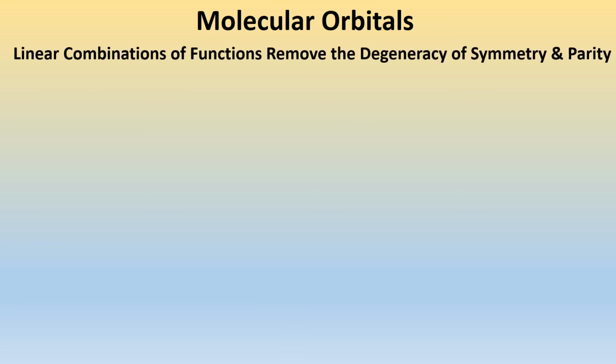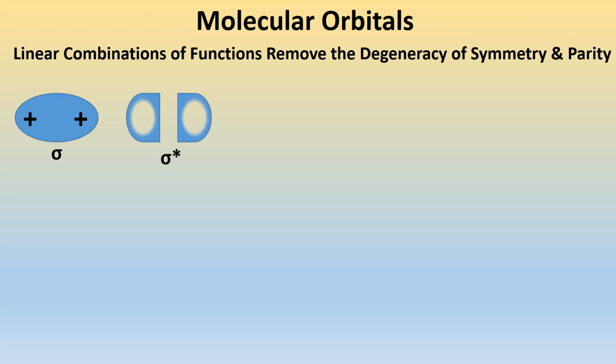When one looks at molecular orbitals, however, one finds that the link between symmetry and parity is removed. One has to recall that molecular orbitals are linear combinations of functions. Since these functions are not necessarily identical, there is no longer degeneracy between symmetry and parity. For example, if one takes the oblong sigma orbital and the corresponding sigma star orbital, one finds that the sigma orbital has the same sign, sigma star has opposite signs, yet both retain a center of symmetry.